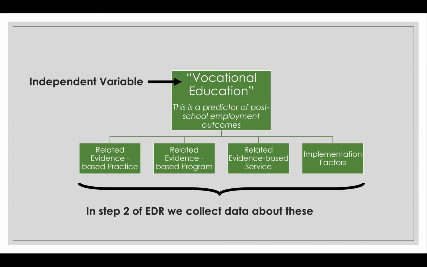We're supporting students in that work program in their internships. Outside of their internships, we're providing them with vocational education. And in my study, I would then dig down into the practices, programs, and services related to the vocational education we provide and the implementation factors that influence that vocational education we provide.